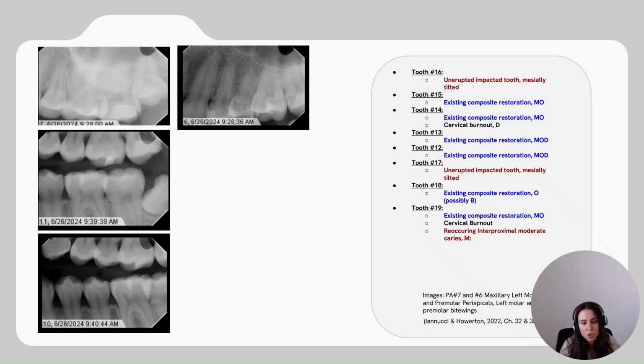For tooth number 19, I believe there is existing composite restoration on the mesial and occlusal, and it also seems that there is cervical burnout on that same tooth, and there is recurrent moderate interproximal caries on the mesial side as well.